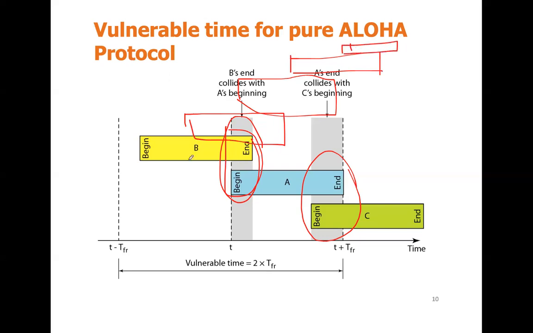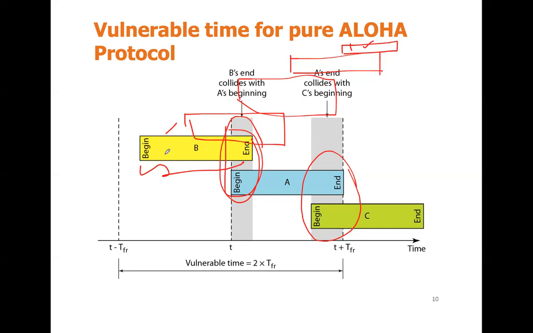So, if we consider this to be T_FR, the frame time, then the vulnerable time for any frame will be twice T_FR. Starting from this position till this position, there will be collision.